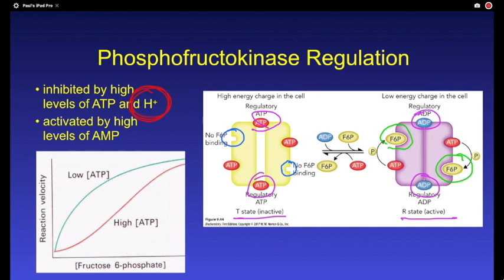One thing that inhibits glycolysis is protons. All right. Where glycolysis occurs quite often is in muscle. In the muscle, you break down and use ATP, and you break down sugar, the glucose, to get ATP.